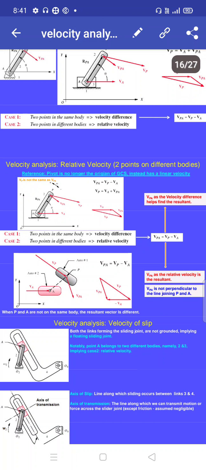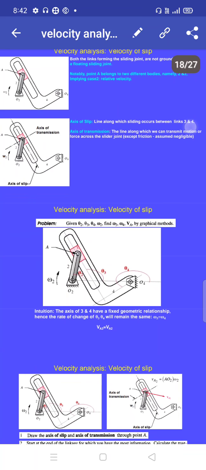Axis of slip: the line along which sliding occurs between links 3 and 4. Axis of transmission: the line along which we can transmit motion or force across the slider joint, except friction, assumed negligible. This is the velocity of slip.